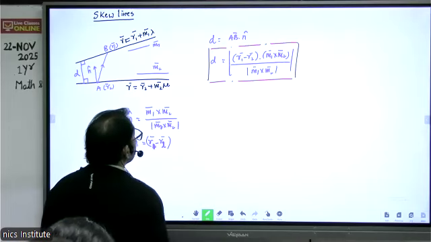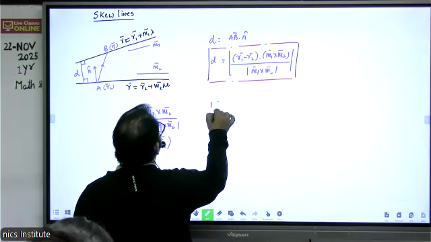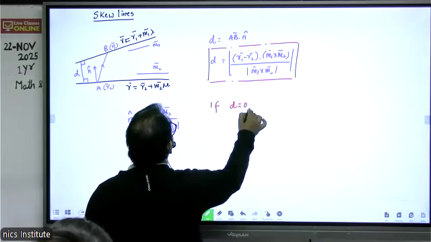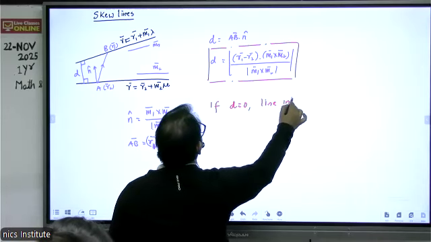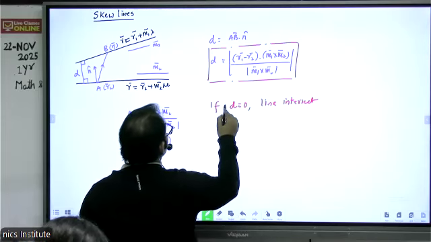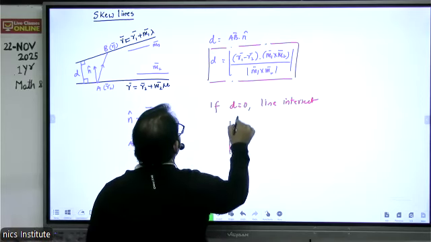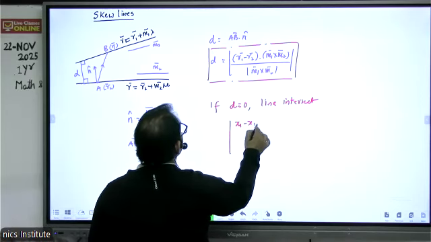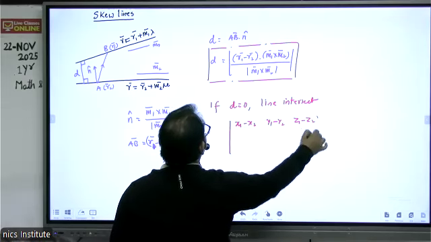And what if the lines intersect each other? Then D will be 0. In such a situation, R1 minus R2 would be X1 minus X2, Y1 minus Y2, Z1 minus Z2.